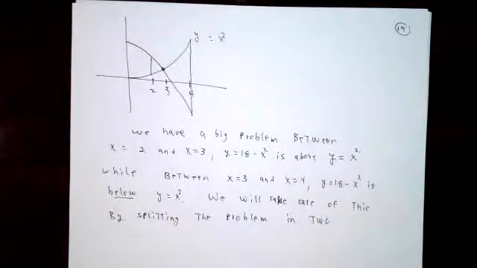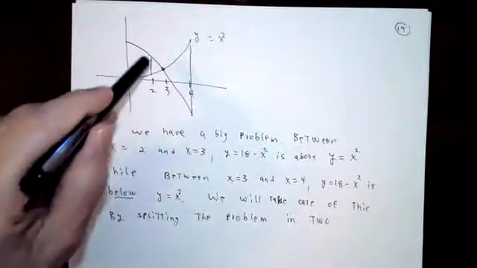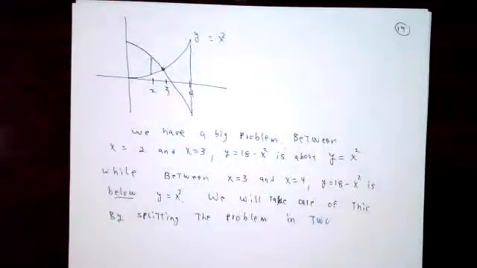We're wanting to find the area between the curves starting at x equal 2 and ending at x equal 4. Unfortunately, when the x value is between 2 and 3, 18 minus x squared is bigger than x squared.